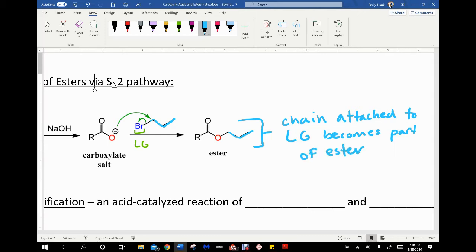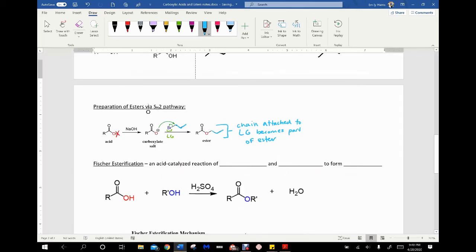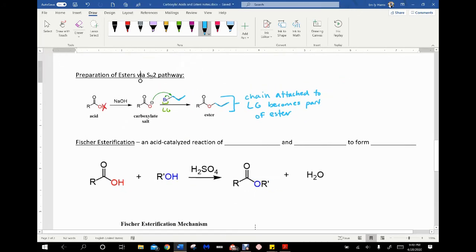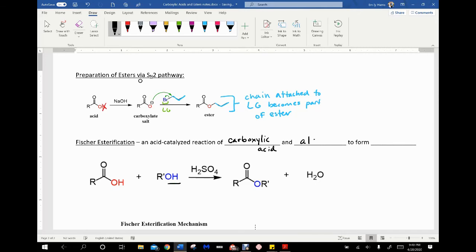But the main way to make an ester that we're going to focus on is what's called Fischer Esterification. What we're going to do is start out with a carboxylic acid, and we're going to combine it with an alcohol to form our ester. Okay.